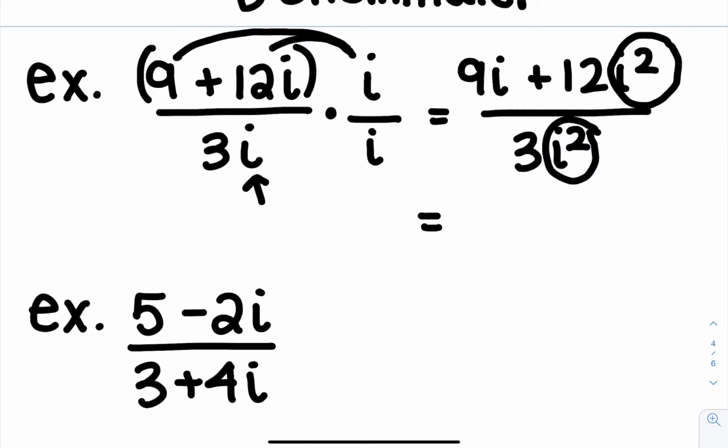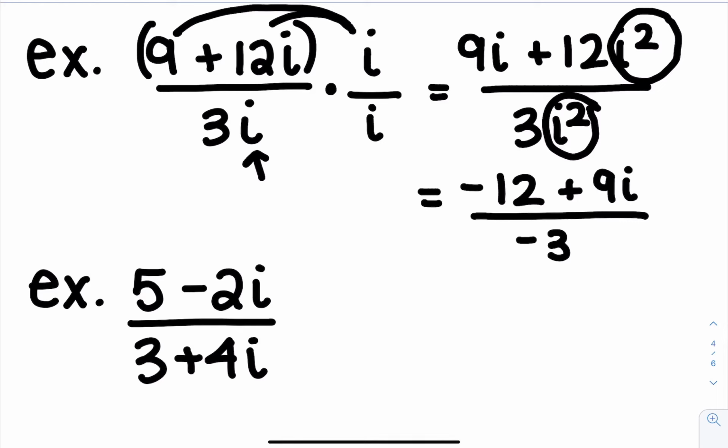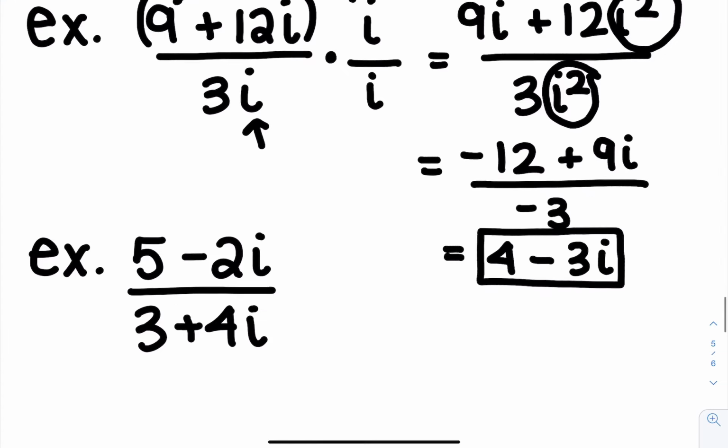So this becomes negative 12 plus 9i over negative 3. And last, I can simplify a little bit by dividing both terms by negative 3. So I'll get 4 minus 3i. And as usual, I have a real part and an imaginary part for my answer.